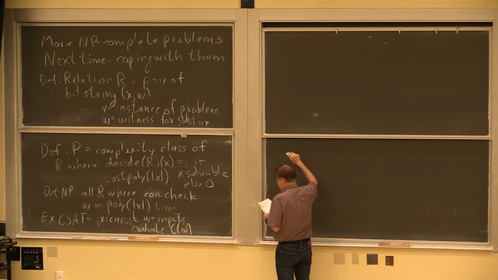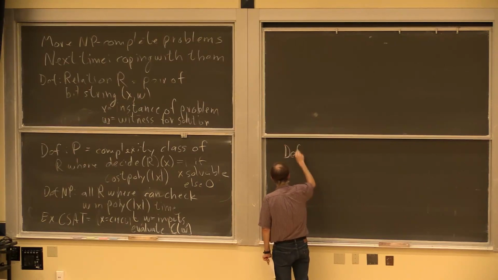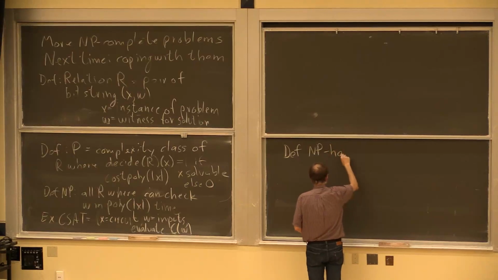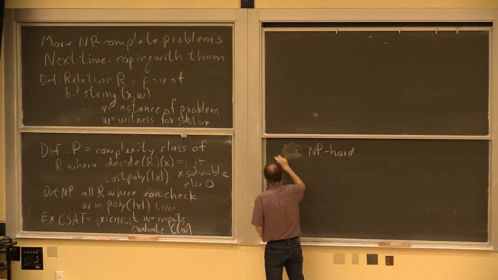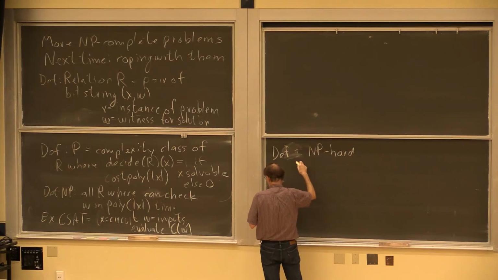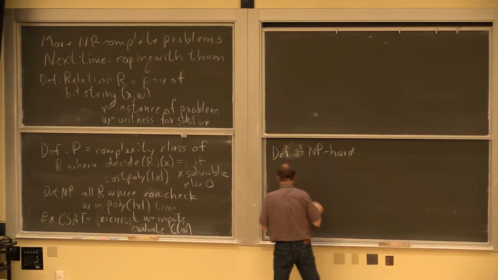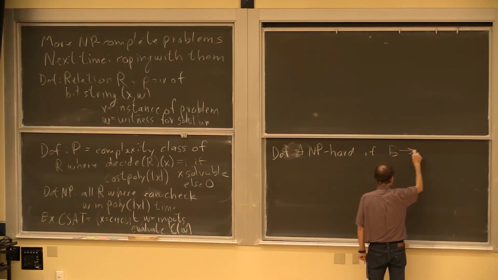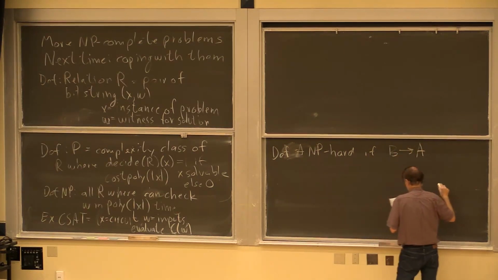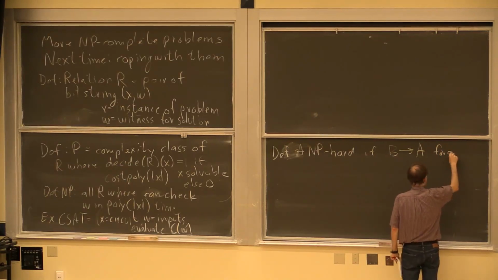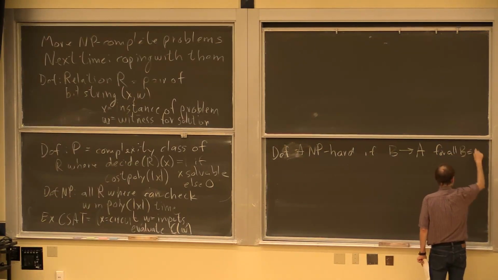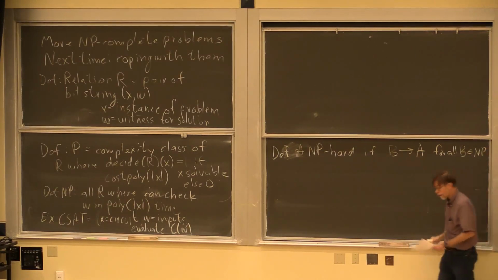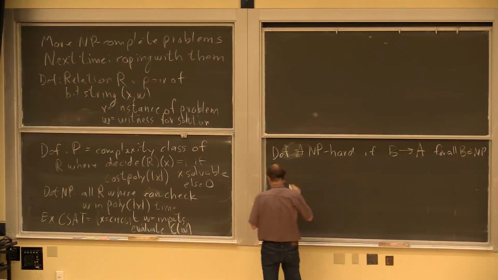And then we got to define the class of NP hard, I should say. So a problem A is NP hard if you can reduce every problem B in NP to solving A. In other words, if you have a subroutine that magically solves A, you can use that to solve every other problem in polynomial time.